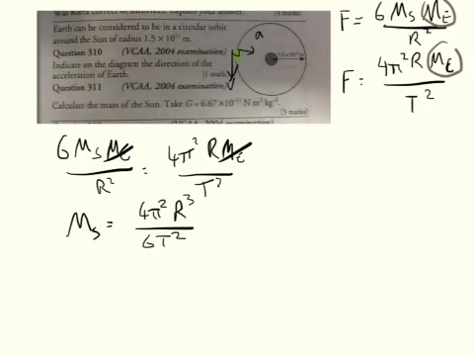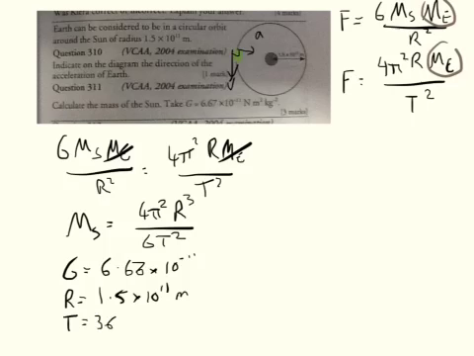So the values that we know are the gravitational constant, which is given to us, 6.67 times 10 to the negative 11. The radius, which again is given in the question as 1.5 times 10 to the 11 meters. And we know what the period is because we live on the Earth, which is 365 days, give or take a little bit.